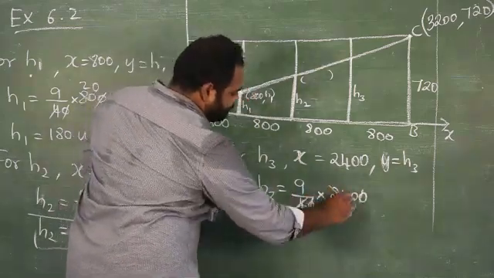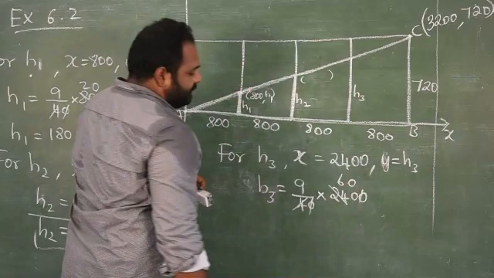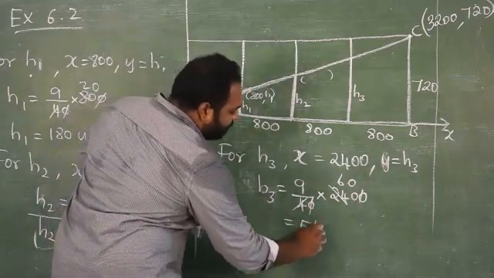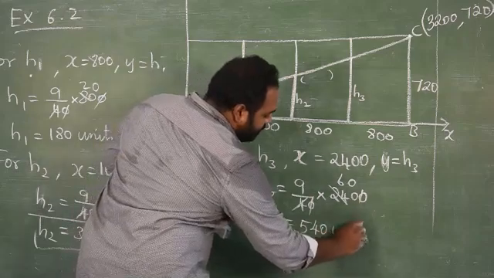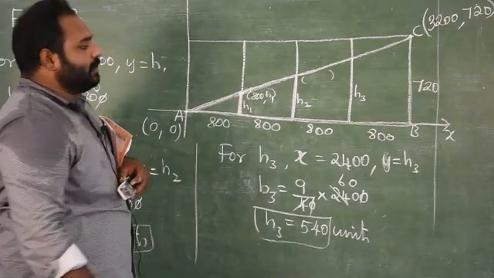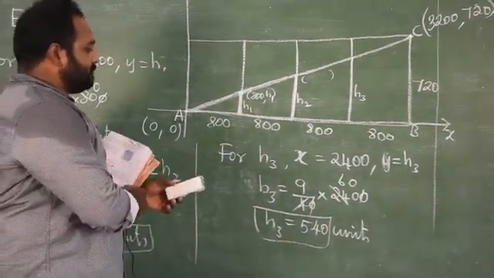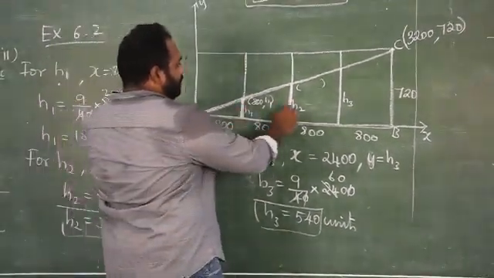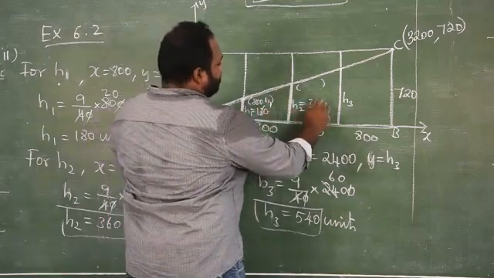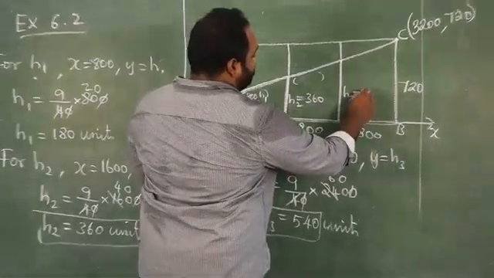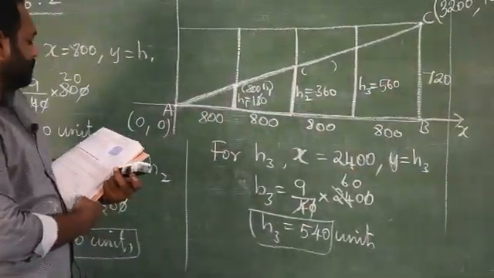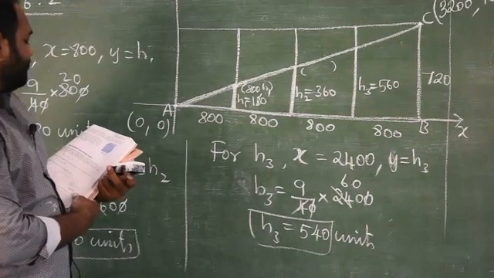Cancel this, 60. 9 into 60, 540 units. So height 3 is 540 units. So the second subdivision is over. We have found all three heights: this is 180, this is 360, and this height is 540 units. Next subdivision is the slope of the escalator at the turning points.